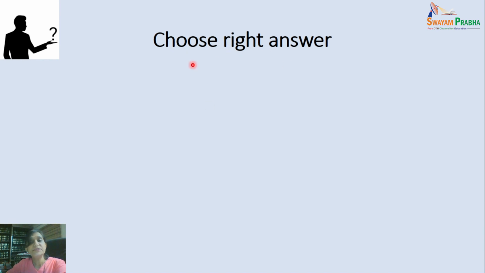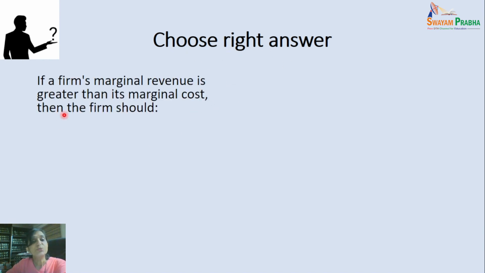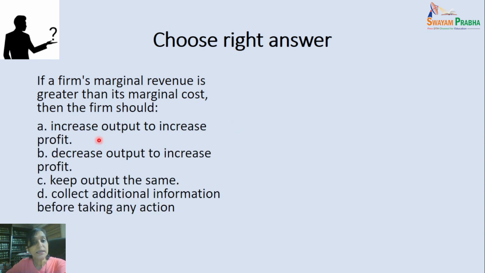Okay, now let us do a small assessment to recap whatever we have done. The first question is, if a firm's marginal revenue is greater than marginal cost, if MR is more than MC, then what should the firm do? Increase output, decrease output, keep output the same, or collect additional information?